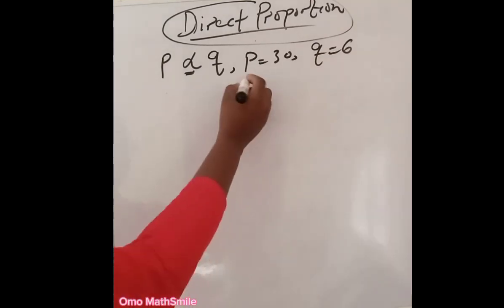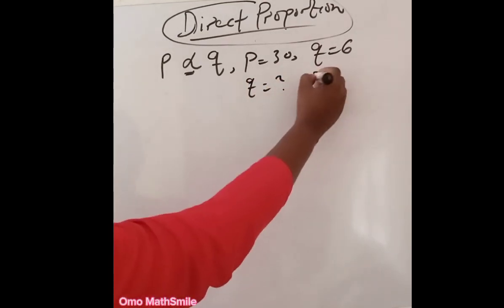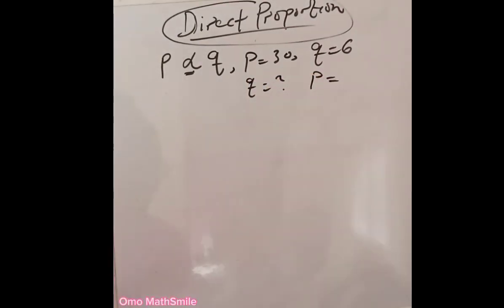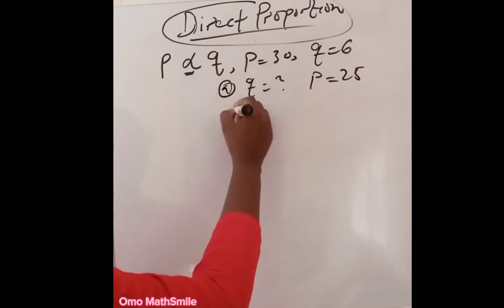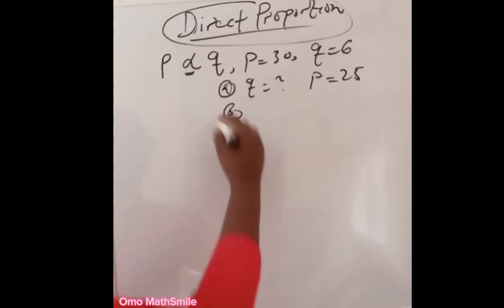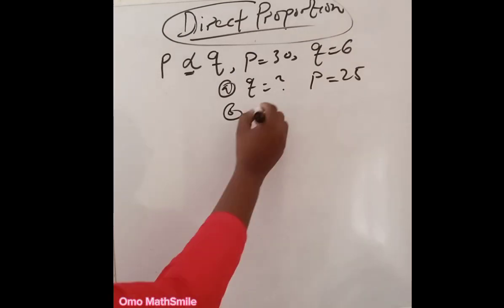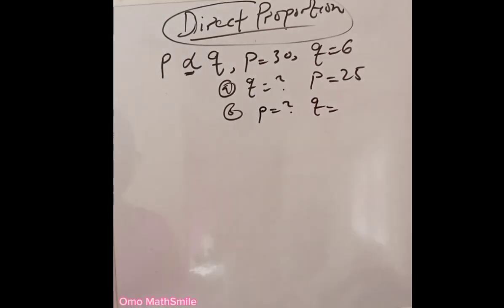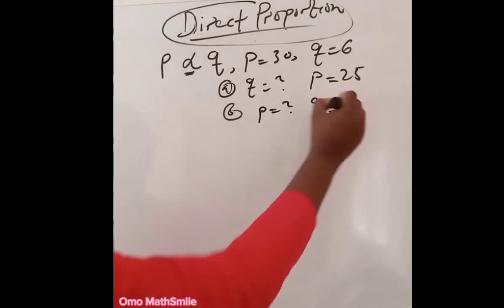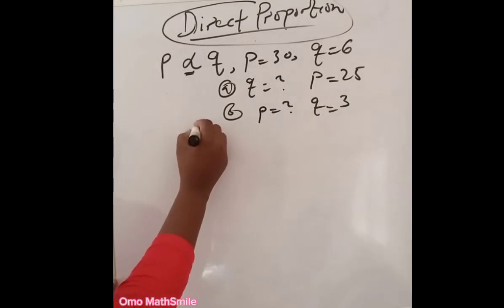We have to find Q when P equals 25 first. Then next, we will look for P. We don't know P, but we know Q equals 3.